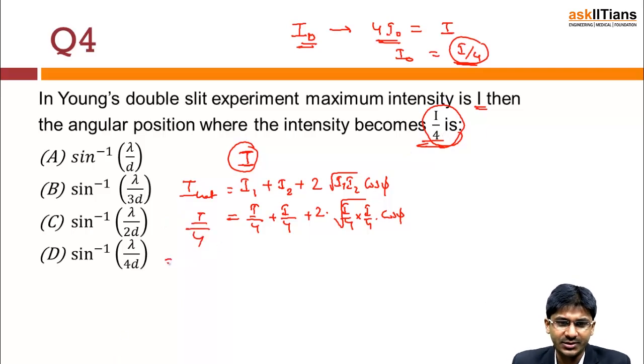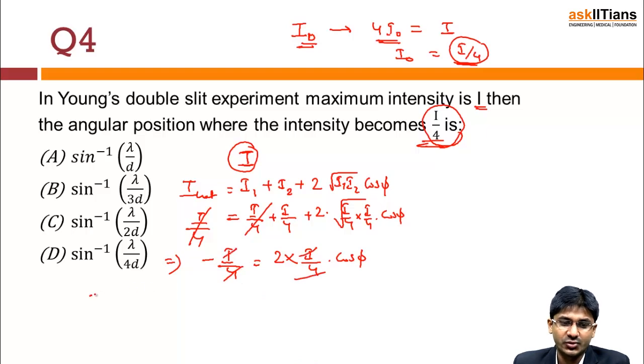So let us solve this and find out the value of phi. If you solve it, this will cancel out with this. So you have minus I by 4, 2 into I by 4 cos phi. So this 4 cancels with this, I cancels with this. So what we get is cos phi is minus half.